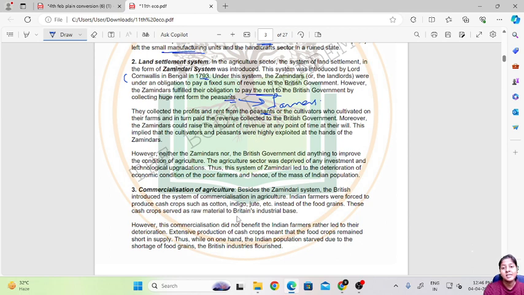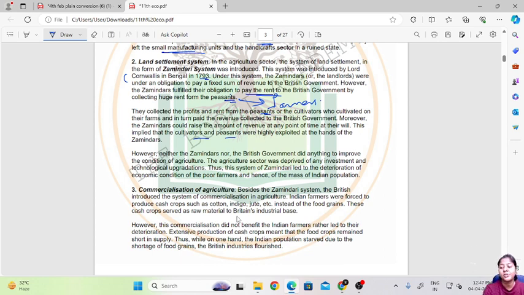This in turn impacted our farmers who used to cultivate our land, and had a great impact on them. The zamindars in turn paid the revenue collected to the British government. The zamindars could raise the amount of revenue at any point of time at their will. So this implied that the cultivators and the peasants were highly exploited at the hands of the zamindars.